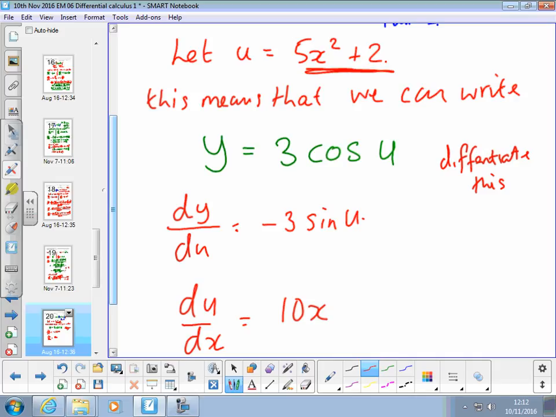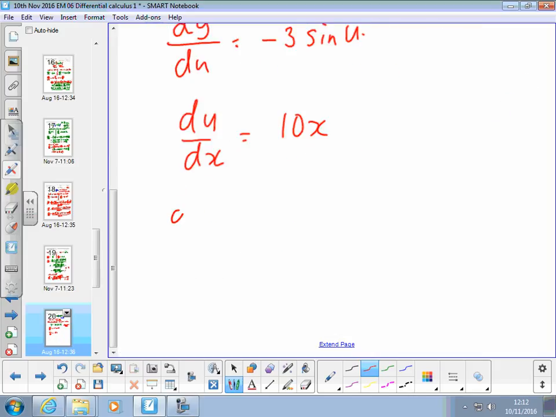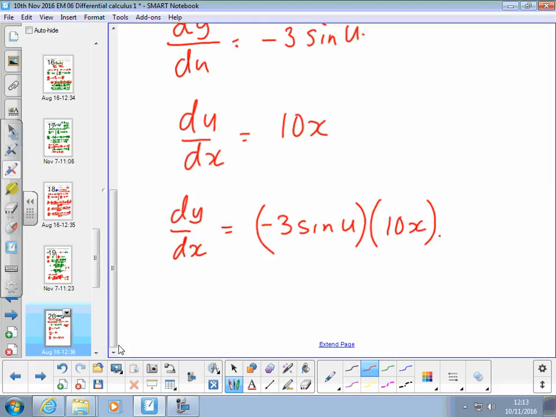Okay, then we plug those into the formula for the chain rule. So what we can do now is say dy by dx is equal to, looking at the formula, dy by du, minus 3 sine u, multiplied by du by dx, which is 10x.